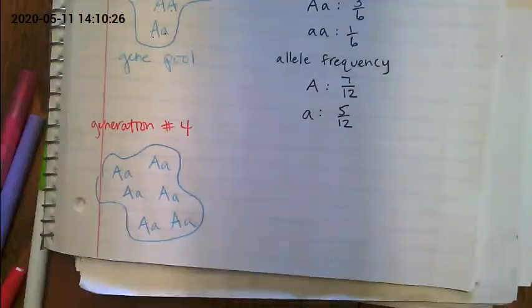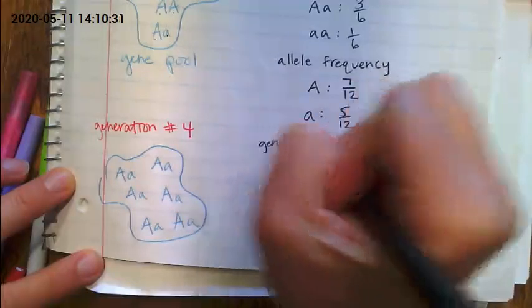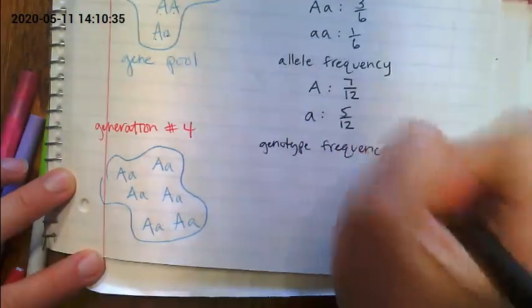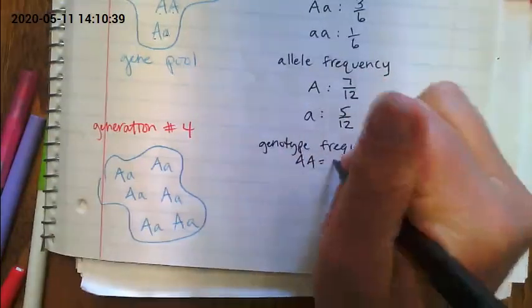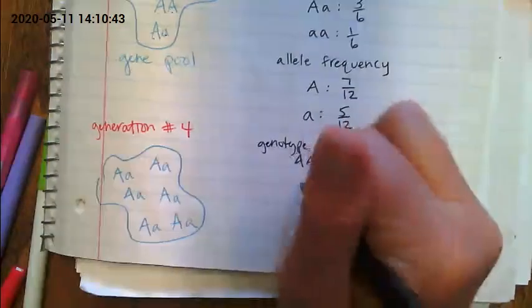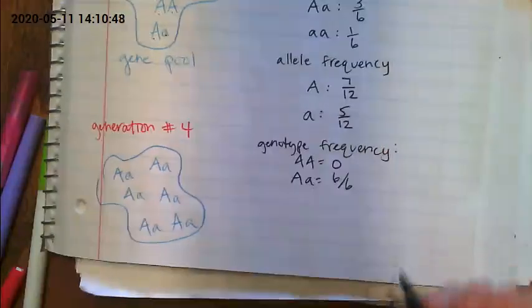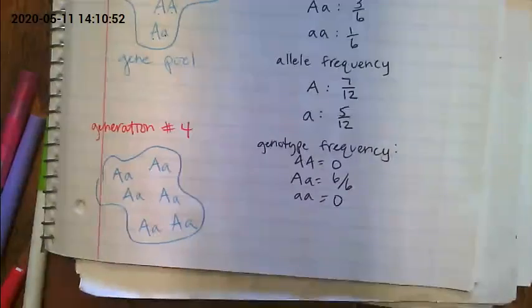So we can do the genotype frequency. And this will be easy because, right, we have 0 homozygous dominant. We have 6 out of 6 heterozygous, and we have 0 homozygous recessive.